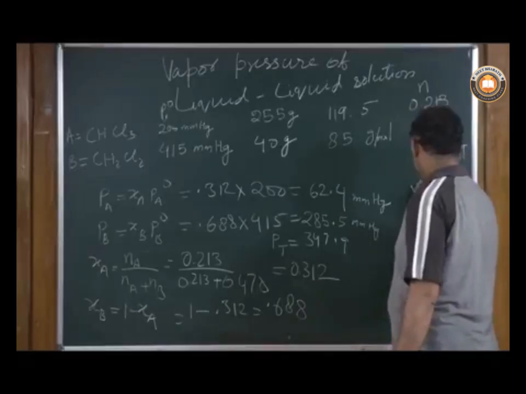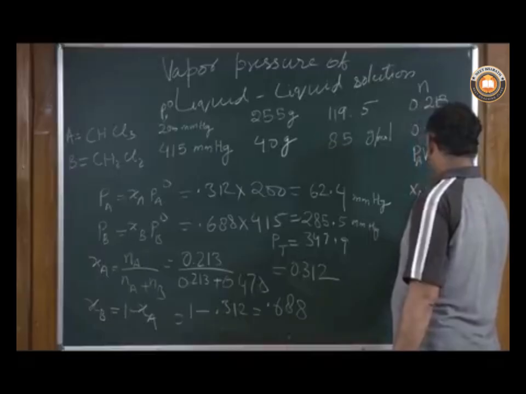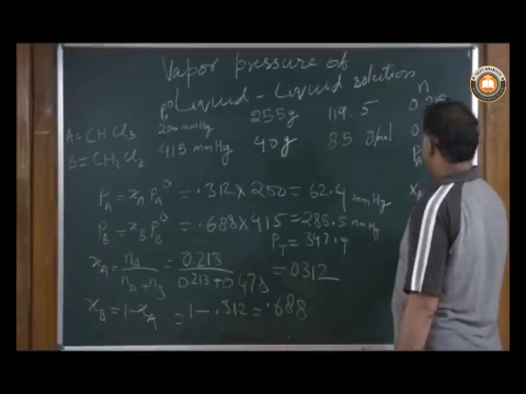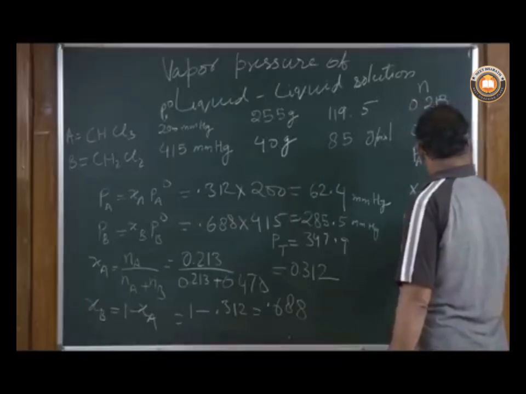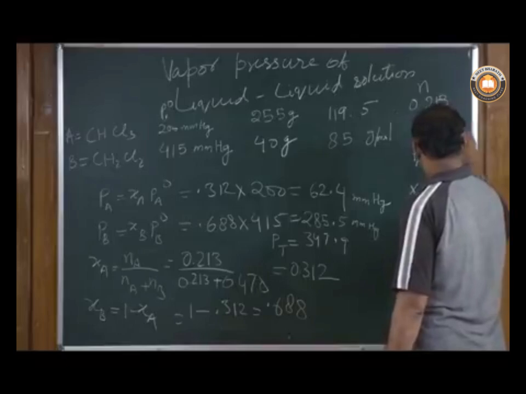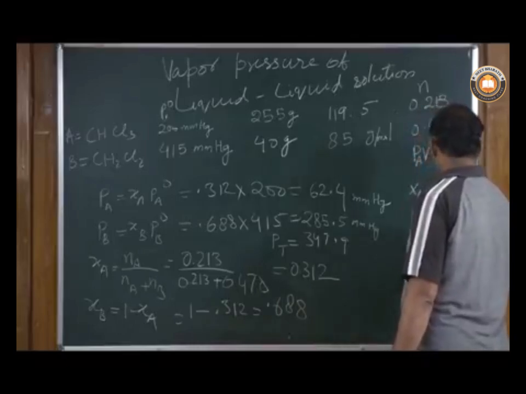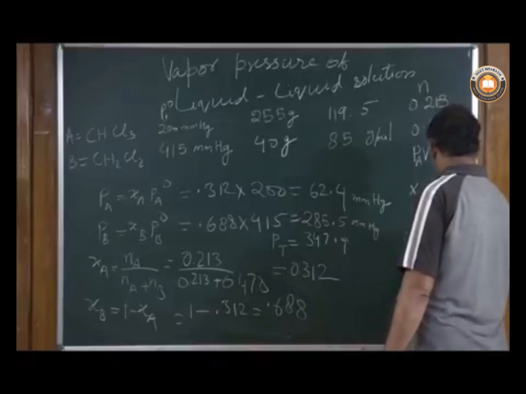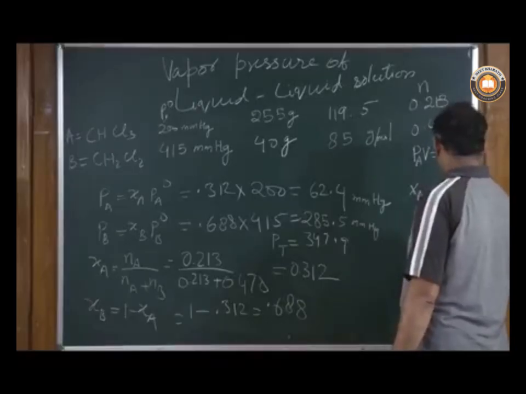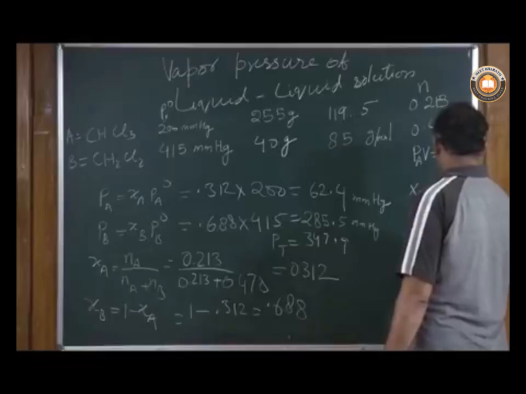let us call that capital X_A, that will be, okay, I have already used n. So, let us put vapor over here. So, n_A in vapor divided by total moles, n_A in vapor plus n_B in vapor.